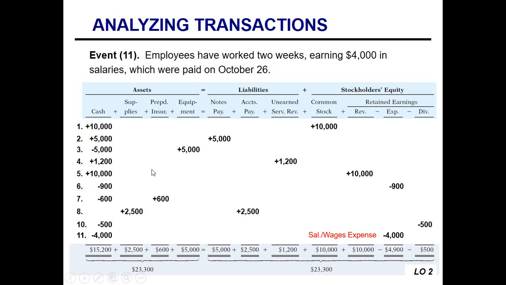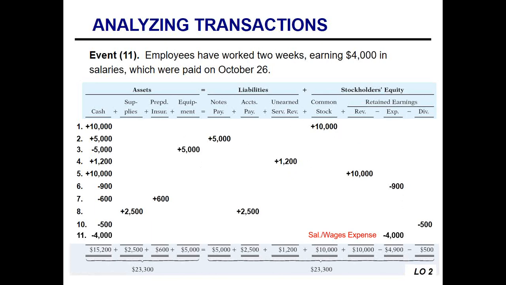What we have completed here are the basic transactions for the month. But before we prepare financial statements, we need to look at these transactions and see if there's anything further that we need to do. When we get to chapter 4, we're going to learn about adjustments. Well, let's just think here a minute. Here I have unearned revenue.